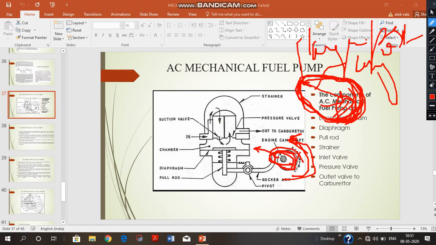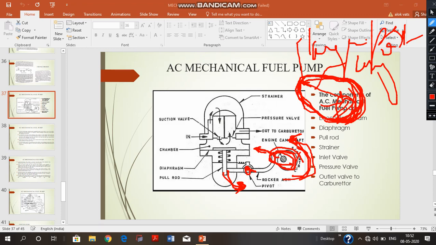Consequently, since it has been pivoted here, what will be the reaction at the other end, where this rocker arm is connected to the pull rod? The other end of this rocker arm is going to be deflected in this direction, meaning this entire rocker arm is going to be deflected in the anti-clockwise direction, because it has come in contact with the larger portion of the camshaft, which is rotating in the anti-clockwise direction.